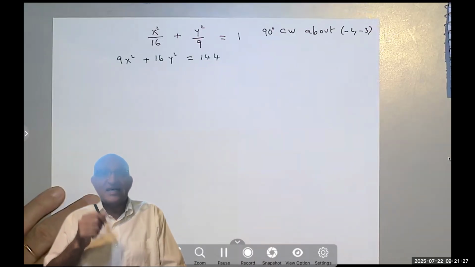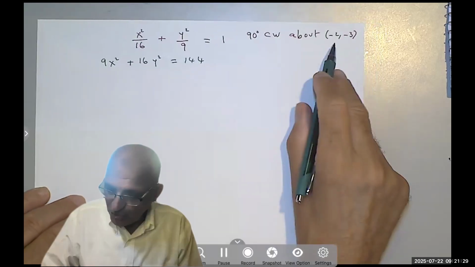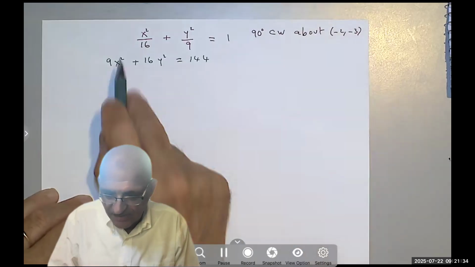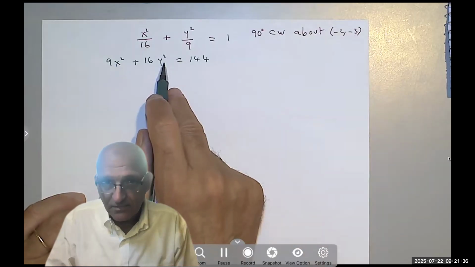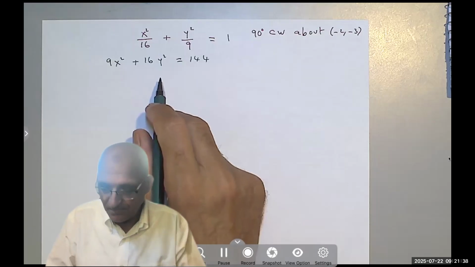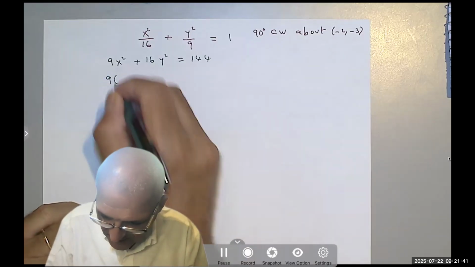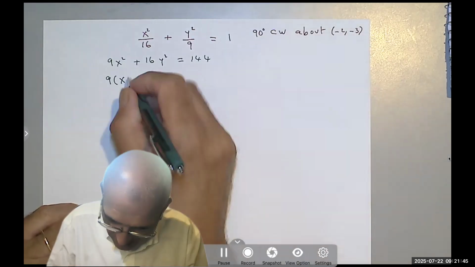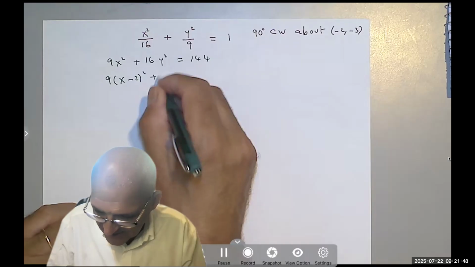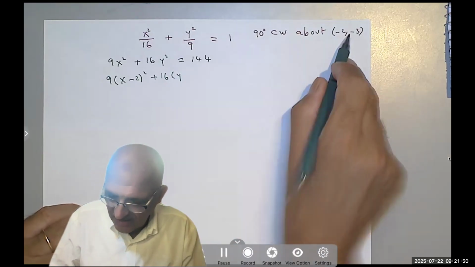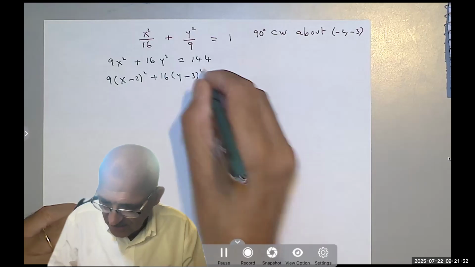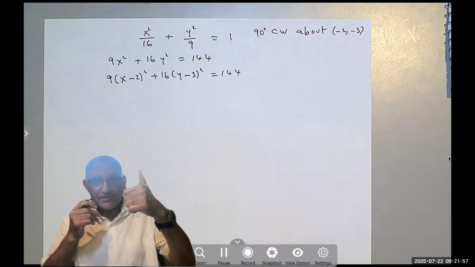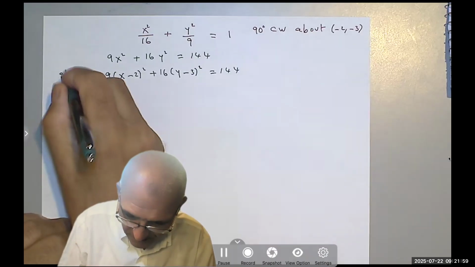And I'm going to do exactly what I did last time. I'm going to add these coordinates to the x and the y. Notice there we subtract when it's a point. So 9 times (x plus -2) squared plus 16 times (y plus -3) squared equals 144. That's the first step. So step 1.